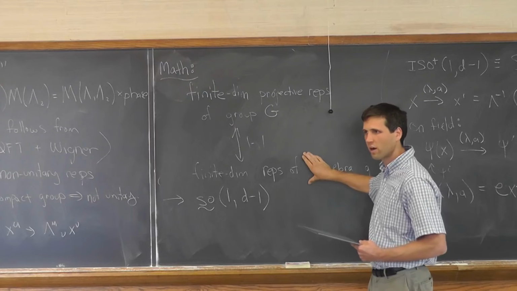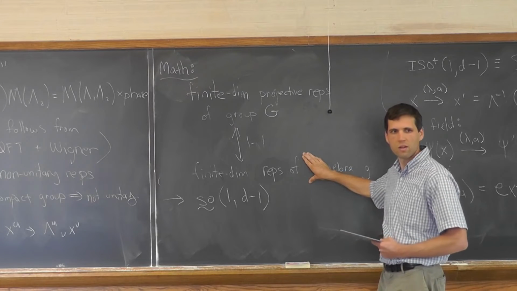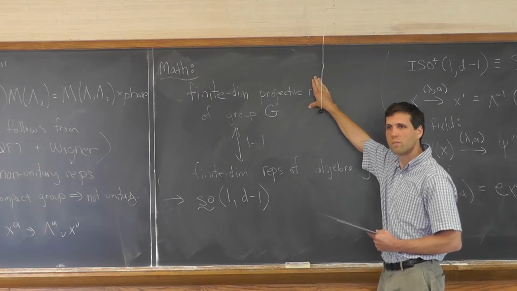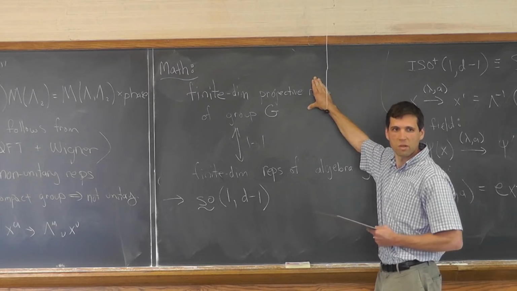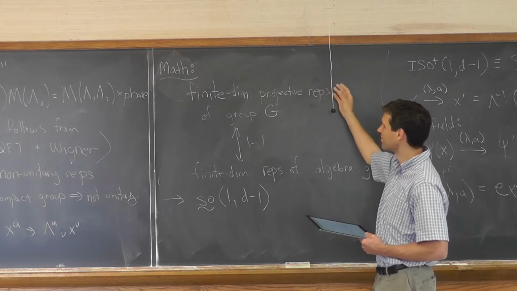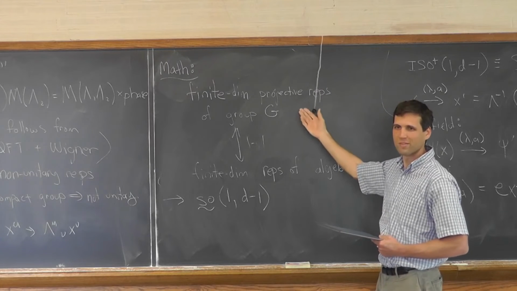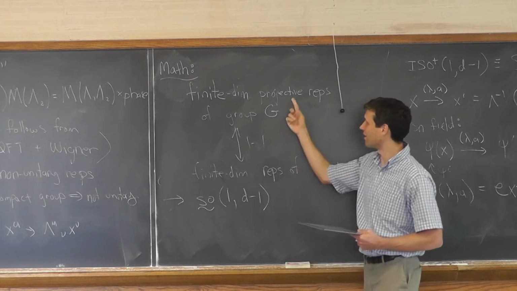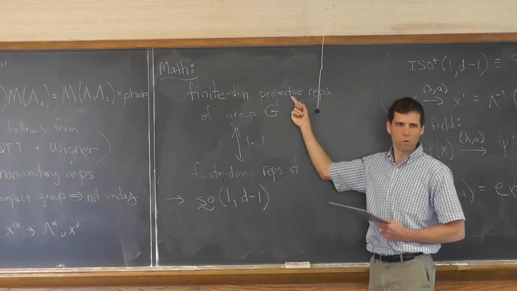Now if you try to go the other way, you have some representation of the algebra, you try to exponentiate and get a representation of the group. It's going to work locally, but it might fail globally. It might fail due to some global properties of the group. But the only way it can fail is by making it a projective rep instead of an ordinary rep.